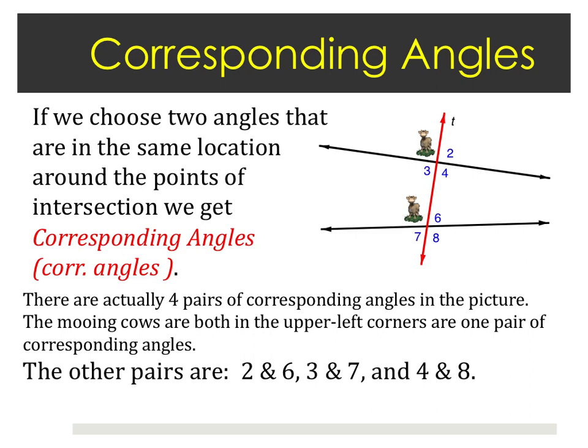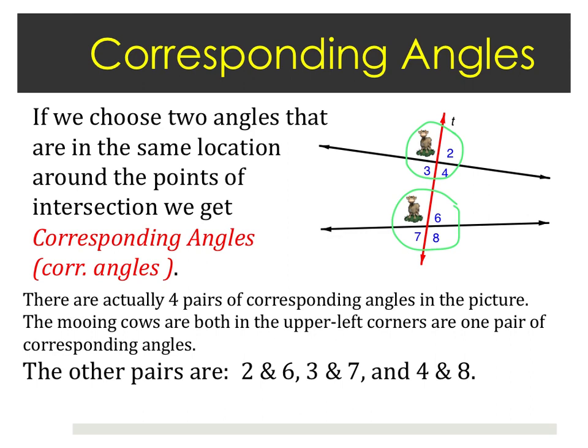So they have to be in the same location of their cluster. As I call them, the clusters, they have to be in the same location within their clusters. So here, if we look at our 2 clusters again, where this little cow is, that cow is to the left of the transversal, but kind of above its line. So it's in the top left corner. So those are called corresponding angles.